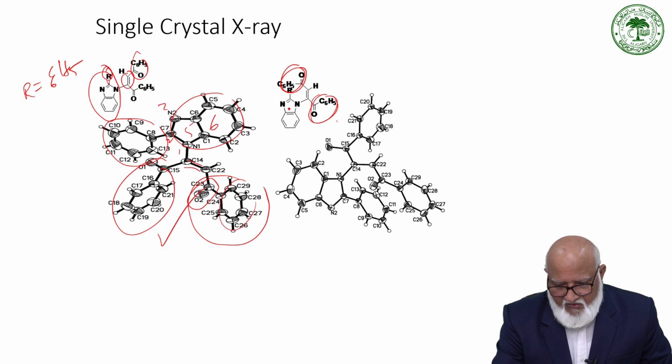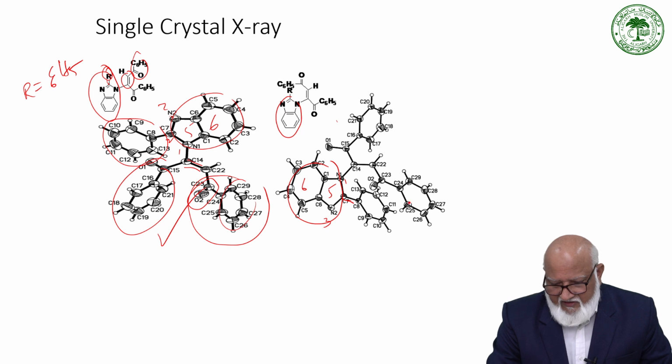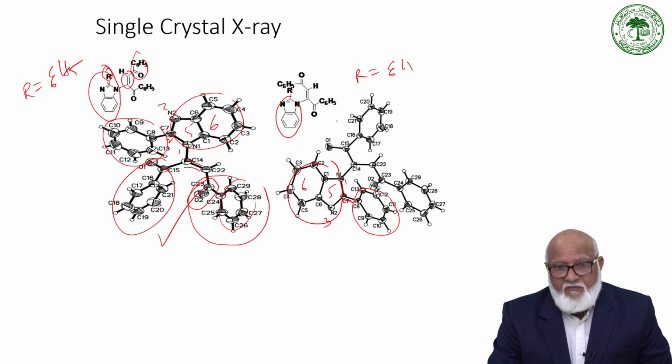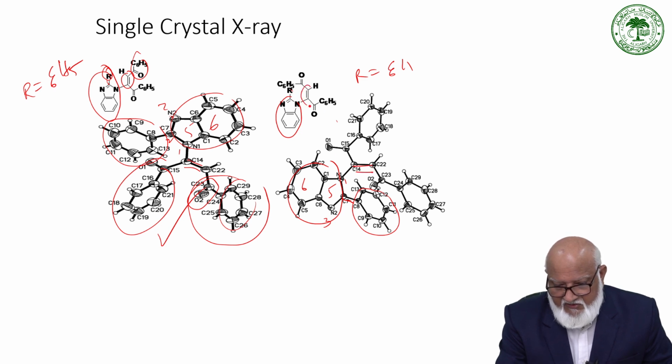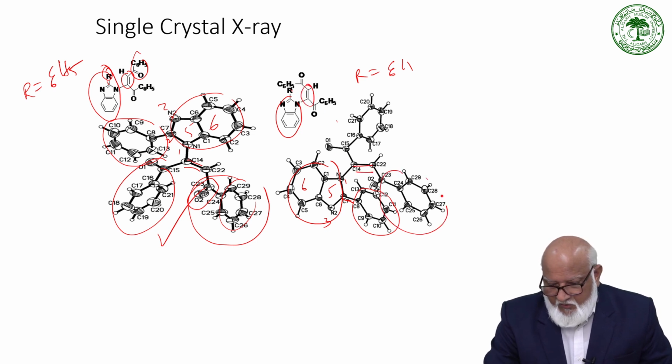This is the X-ray structure of the trans isomer, where the two benzoyl groups are on opposite sides. This is the imidazole ring, a benzene ring fused to a five-membered ring, with nitrogens at the 1 and 3 positions. The carbon between the two nitrogens bears a phenyl group, R is equal to C6H5. This is the ethylene bond, with one benzoyl group on this side and another benzoyl group on the opposite side.